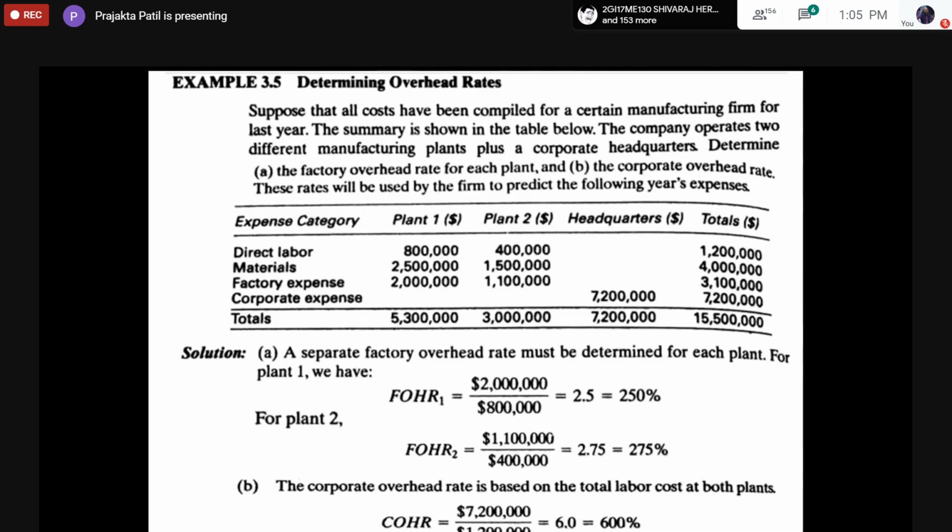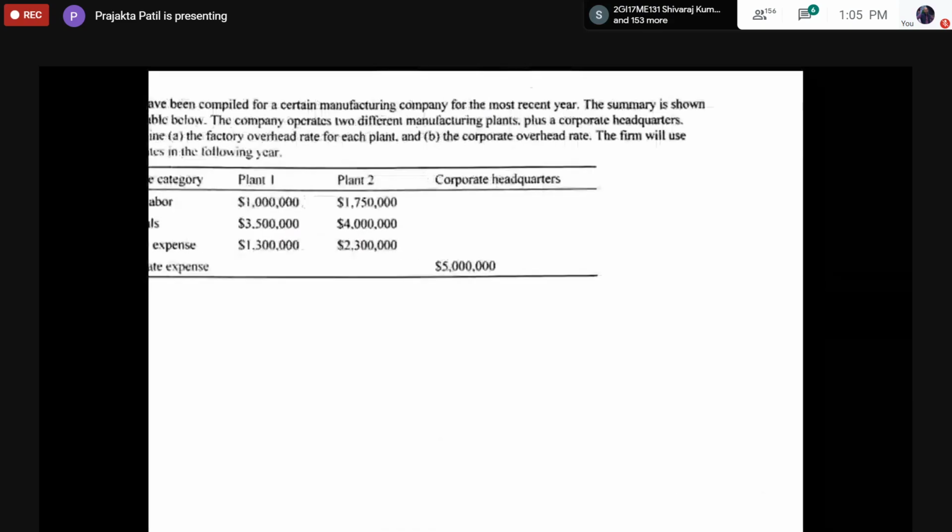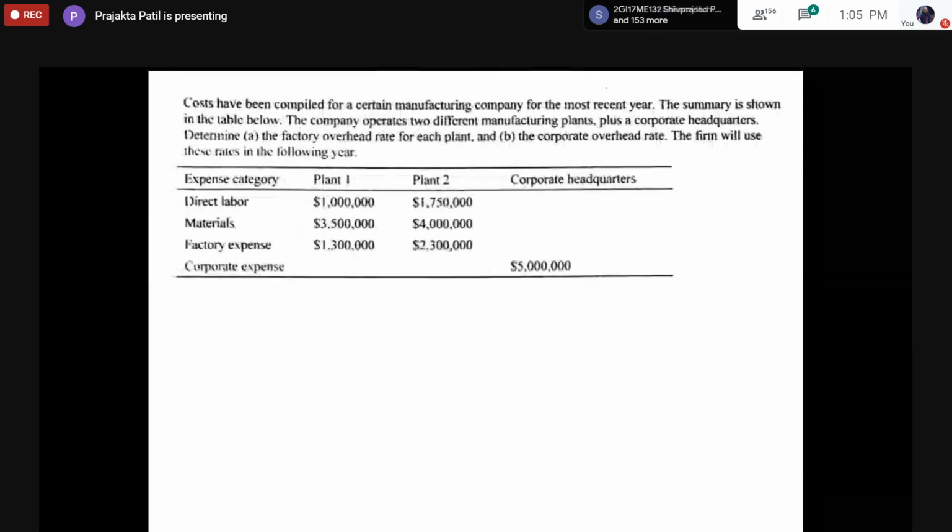Okay, let's go to the next problem. This is an unsolved problem from the textbook, problem number 3.13. A simple problem, just as you have solved the previous problem.